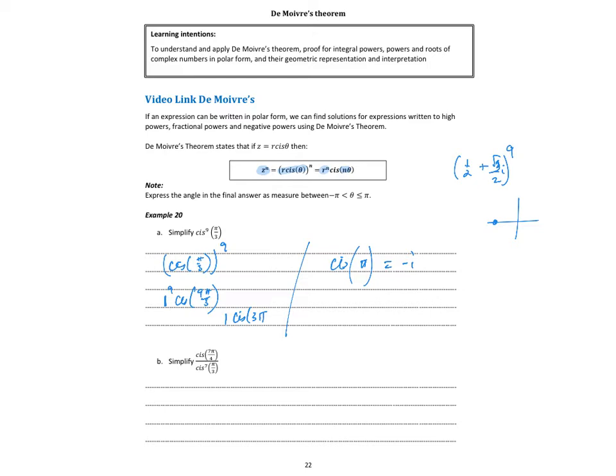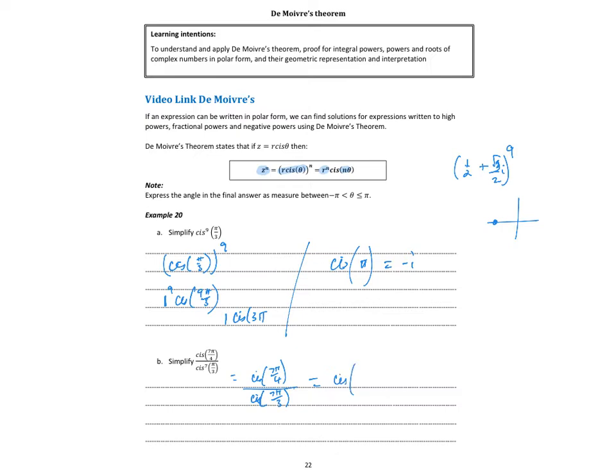So we know that if we divide, we subtract the angles, but let's work out what the angles would be first. For this expression, the top, nothing really happens there. The denominator, cis pi on 3 to the power of 7, is the same as cis 7 pi on 3.